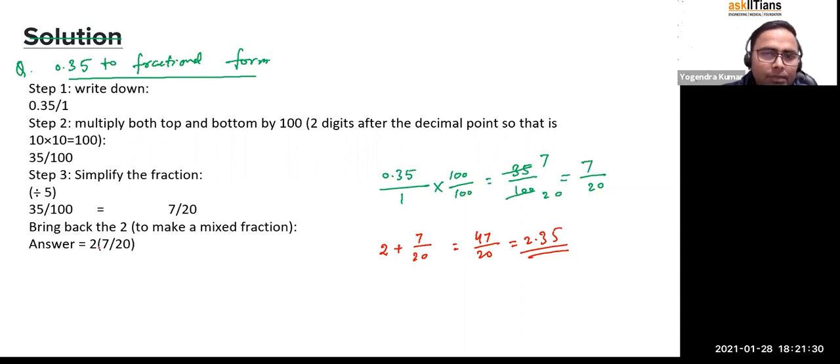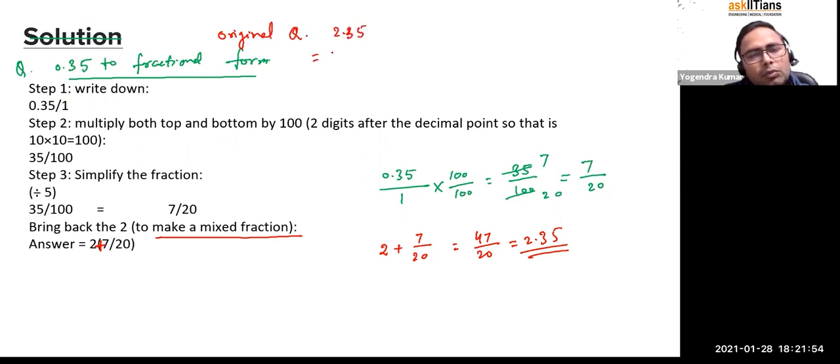So it is not like this, it has to be plus here. That's what they wanted to do, but it is not bring back the 2 to the mixed fraction. Original question was 2.35.